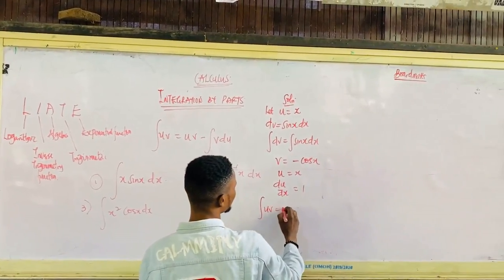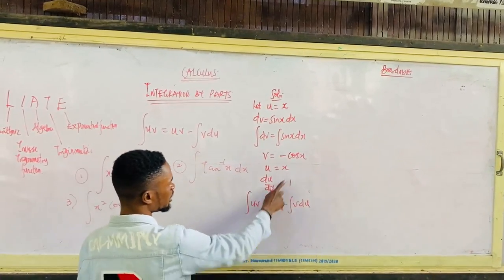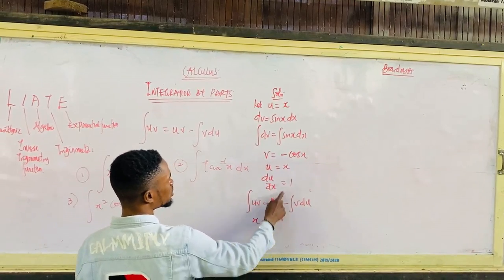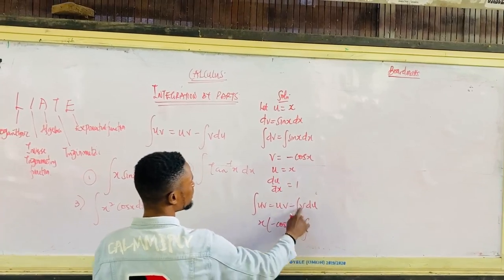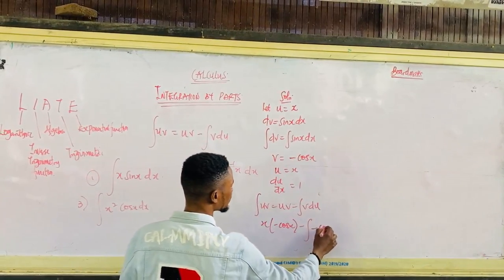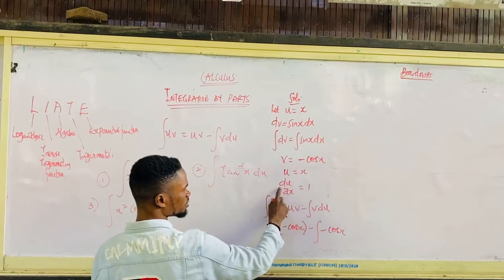Now the formula: the integral of u dv is equal to uv minus the integral of v du. Now what is my u? My u is x. And my v is minus cos x. And my du is dx, because du/dx is 1.